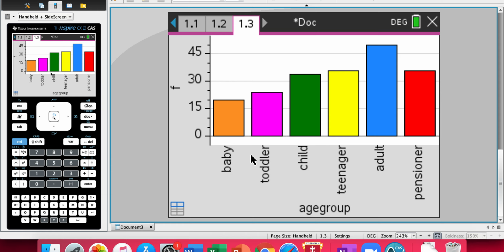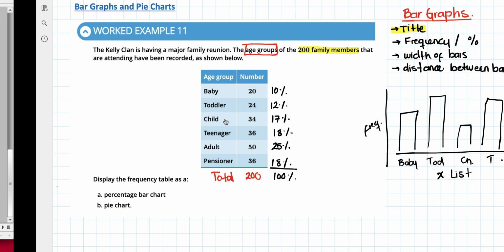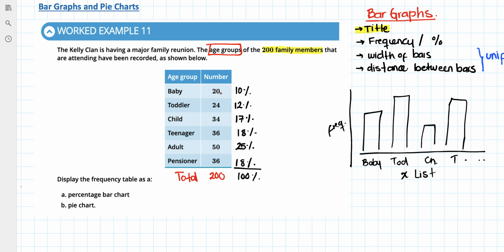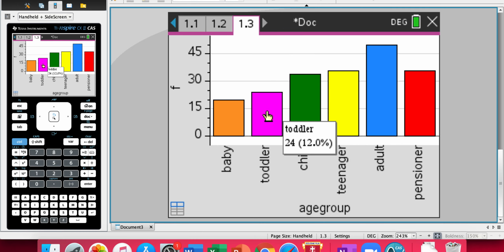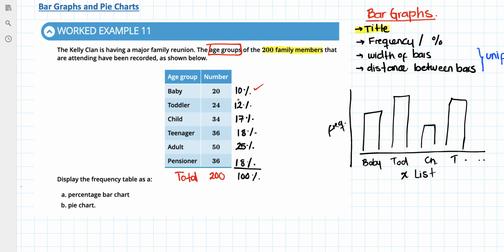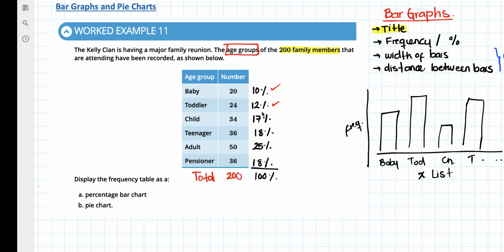Okay, good. The other thing that I wanted to show you is that if I hover over the bar graph, it says baby, the data says 20 and the percentage is 10%. So if I go here, you'll see, yes, baby is 20, 10%, that's what we got. If I go to the next one, you see 24, 12%. Good.